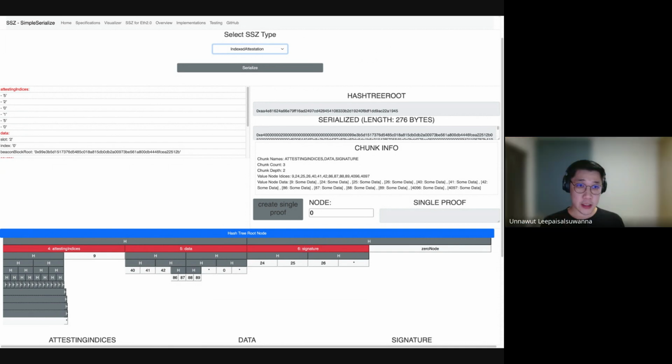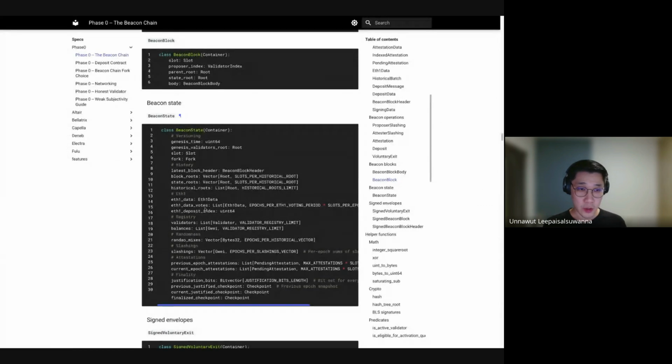Yeah, so that's also a question that I'm trying to answer. I couldn't show it here because once I load the state, it would crash my browser tab because it's way too big. But one thing I can refer to is the beacon state here. So this is the beacon chain, right? And we are expecting a lot of these to go away for the beam chain.